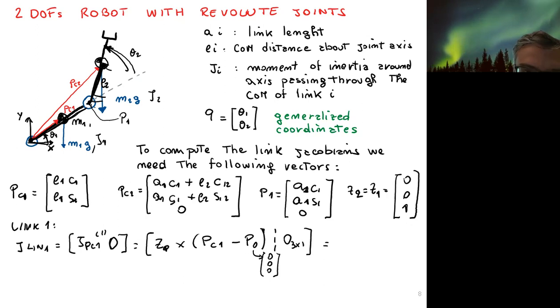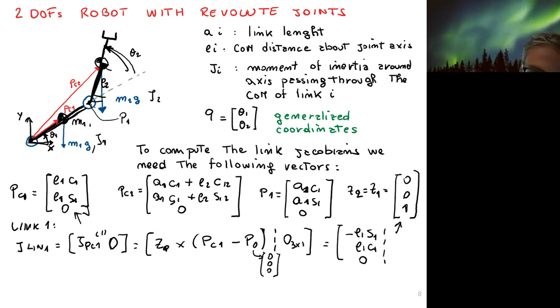So if you do the cross product of this vector times p_c1, you can get this expression: l_1 cosine of theta 1 and 0, plus the second column of zeros.